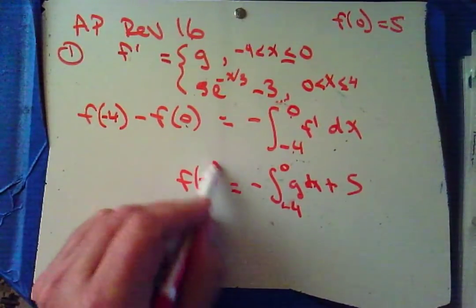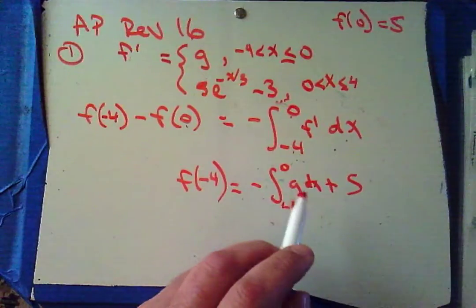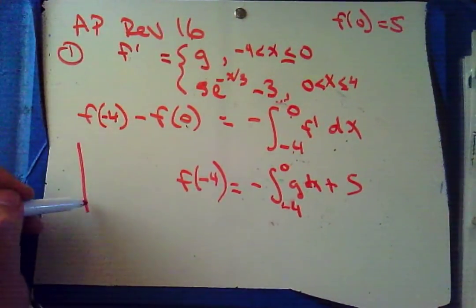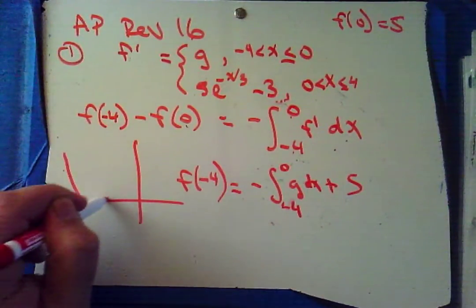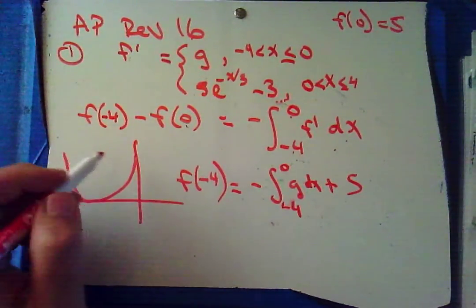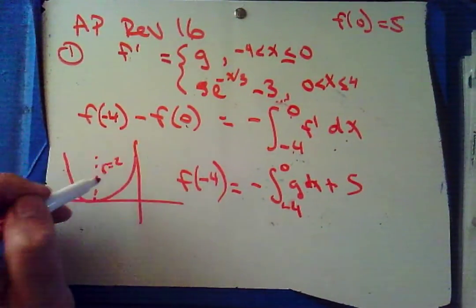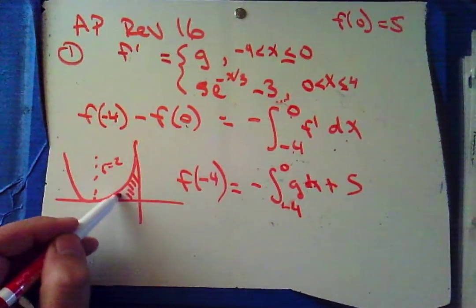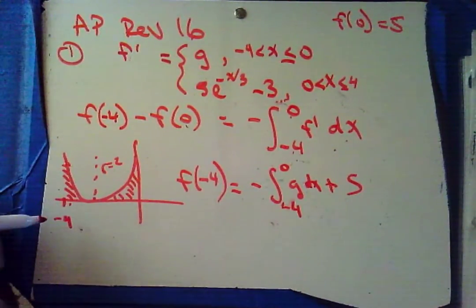Okay, so let's find the area of this region here that we have. We're told that this is a semicircle, and our radius is 2, but we're looking for this, and there's -4.